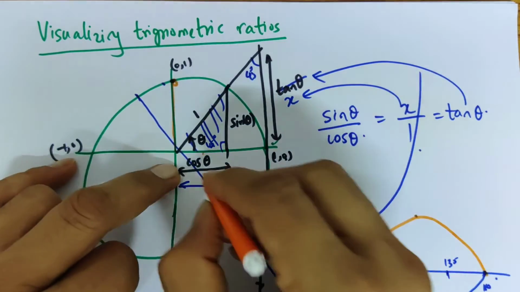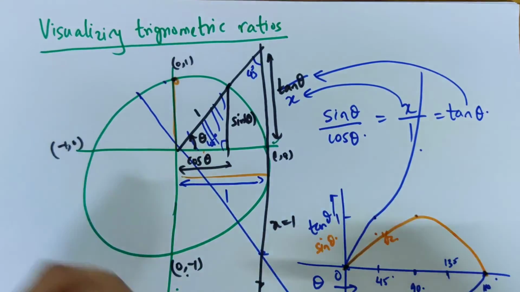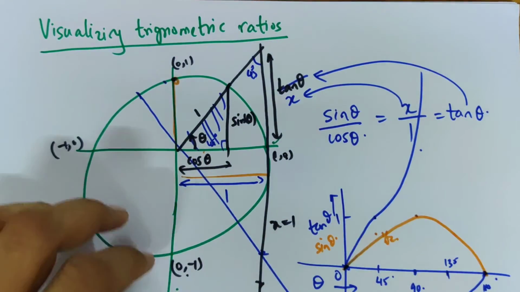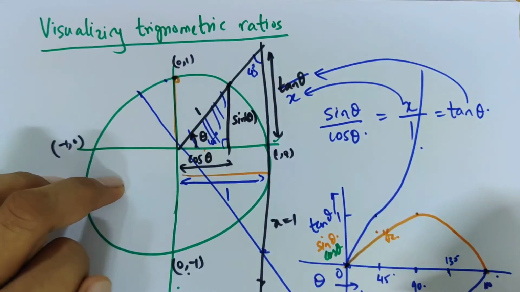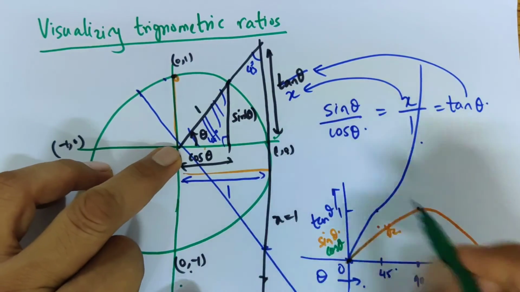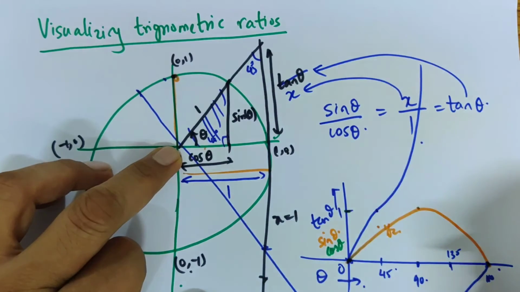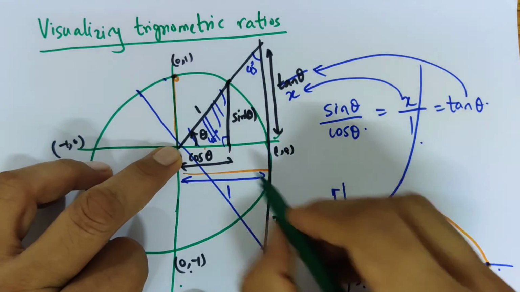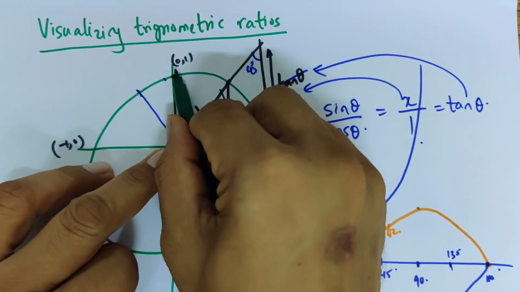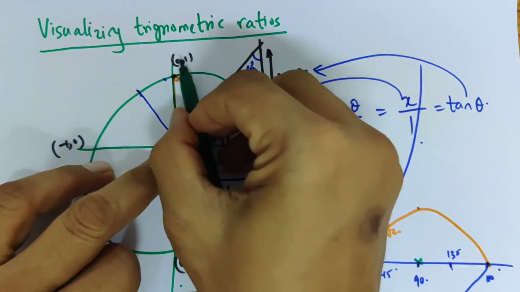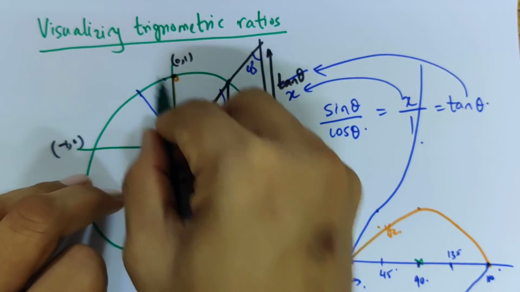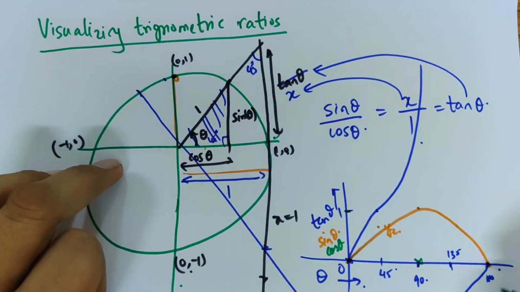And the cosine curve, which is the horizontal, so I should use a different color for cosine, right, which is horizontal. Horizontal actually starts with 1, right, and as you keep going like this, the horizontal becomes 0 at 90 degrees, and then as you keep going like this, it starts becoming negative and goes to negative 1.